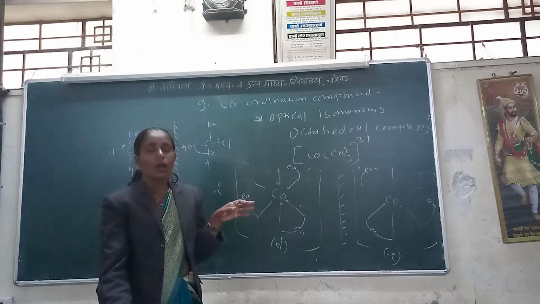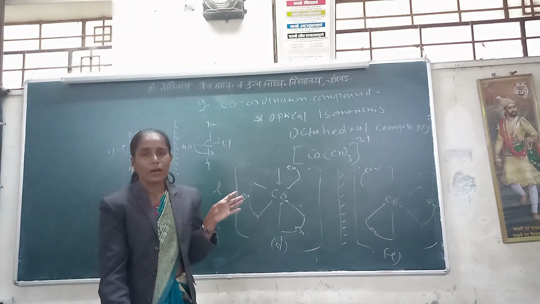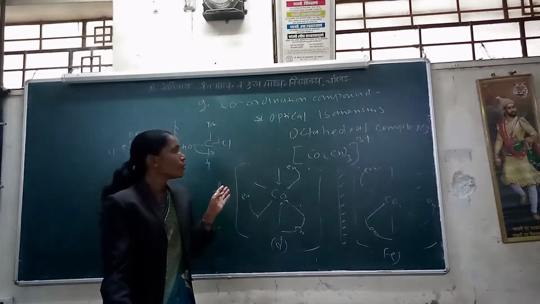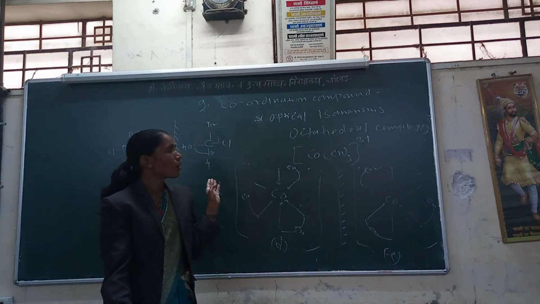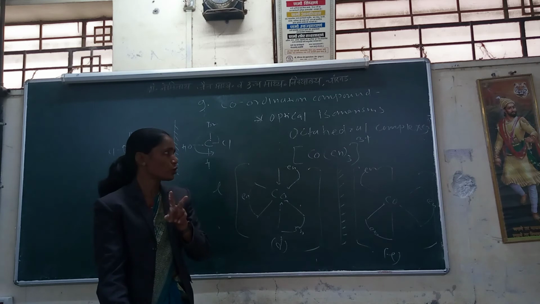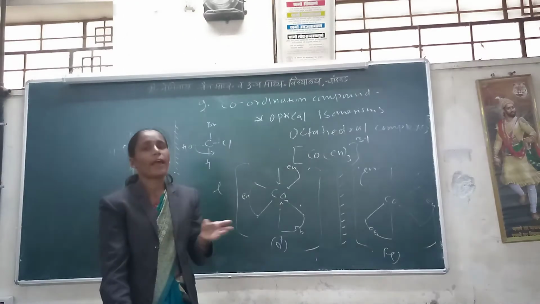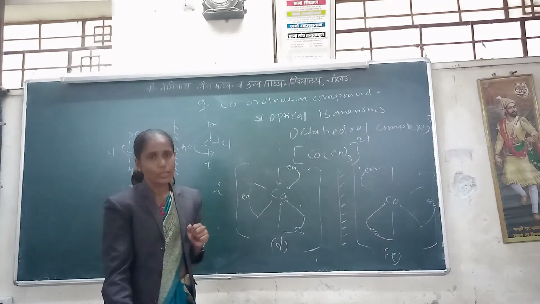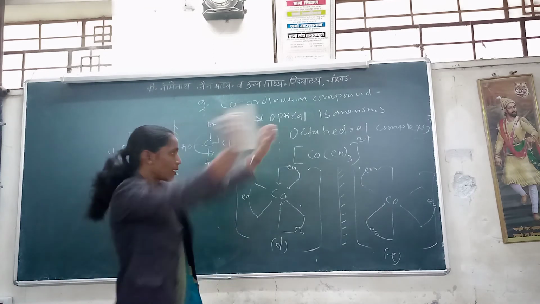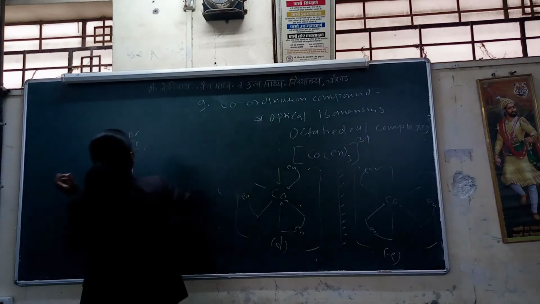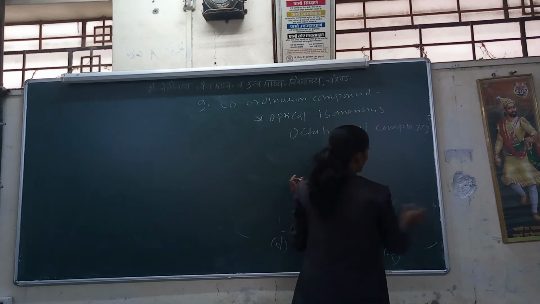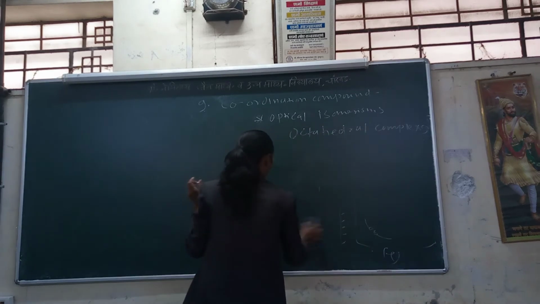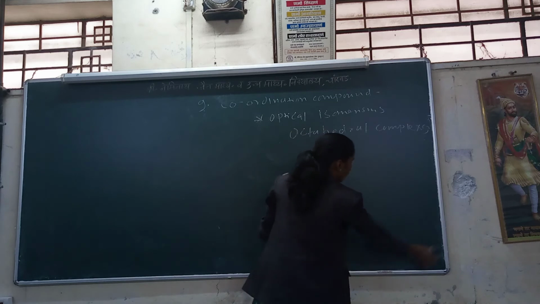In some examples we have seen, the compound shows two types of isomers, optical isomers as well as geometrical isomers. One example shows two types of isomers, optical and geometrical.